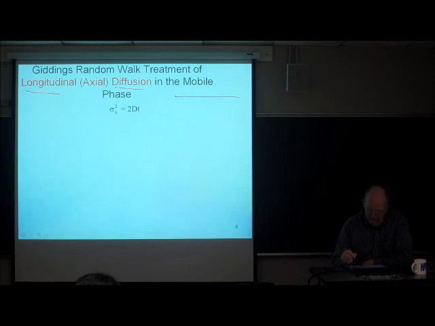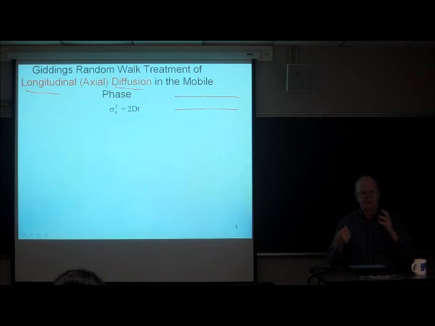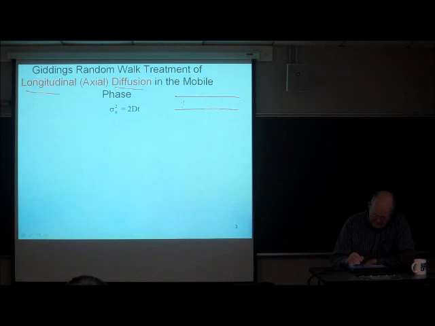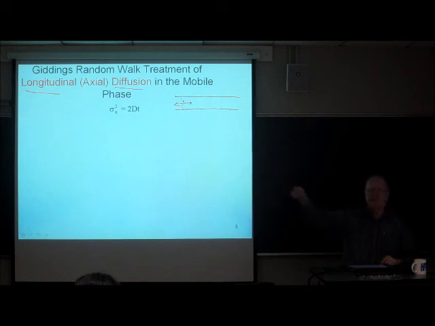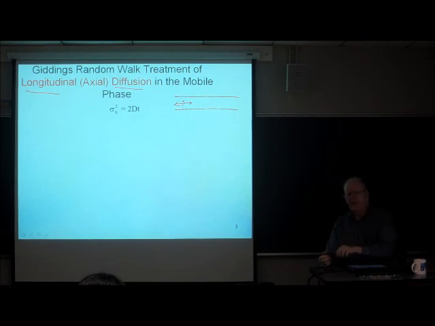So what we're talking about is, here's our column, and we have a bunch of molecules inside the column, and they're in there for a certain period of time, and they're undergoing diffusion, which means they're moving randomly in the direction of the length of the column. So they're diffusing along the axis of the column.